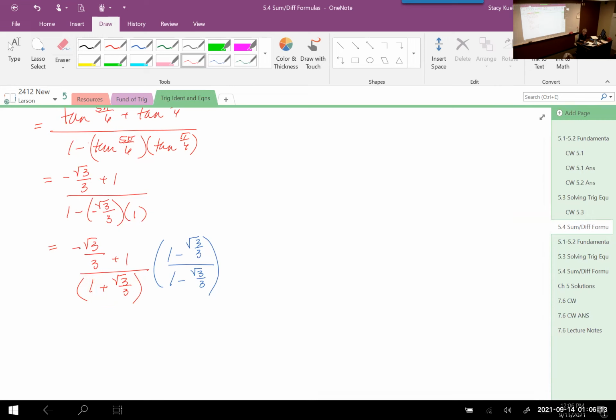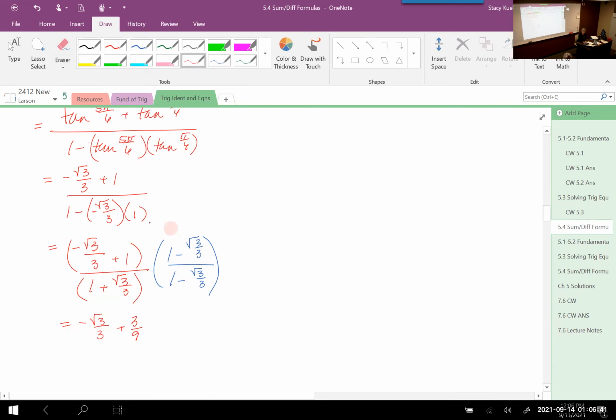So if I multiply in the numerator, we're gonna FOIL here. The first term, negative square root of 3/3, times the outer term would be plus 3/9, if I multiply fraction to fraction, the outer terms together.